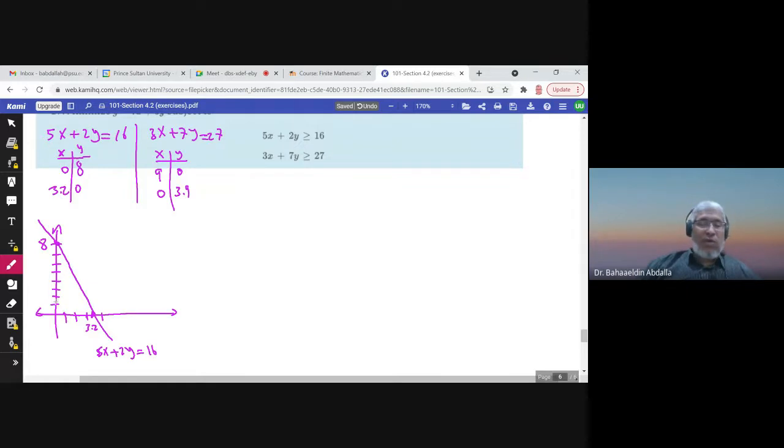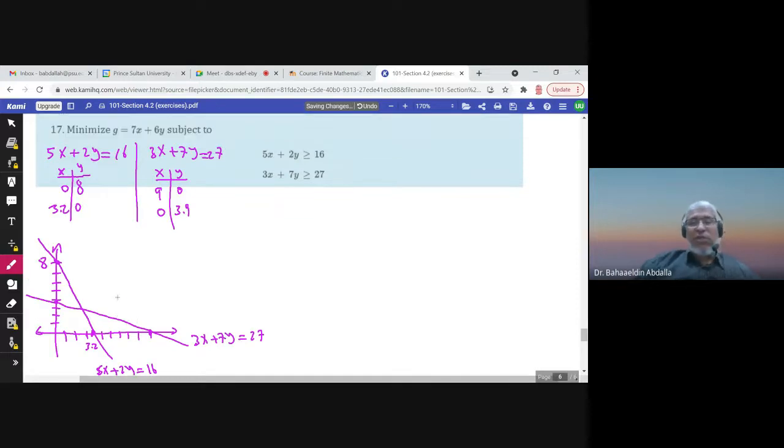The other one, 1, 2, 3, 4, here 3.9 and 9, 0. So this is the line, okay, with the equation 3x plus 7y equals 27.